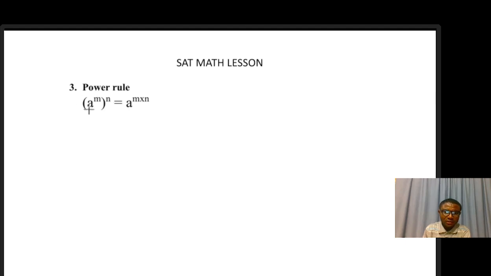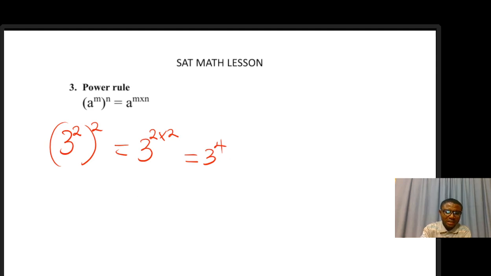So to simplify this, the rule says multiply the powers. So let me illustrate. Imagine we have 3 to the power of 2, then raised to the power of 2, right? Applying this rule, we'll have 3, then 2 times 2, which will become 3 to the power of 4.